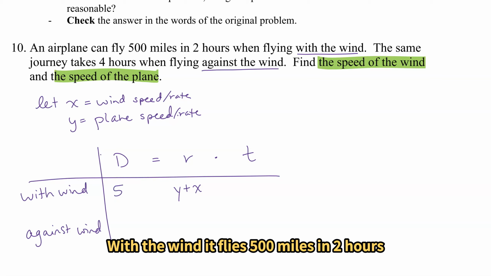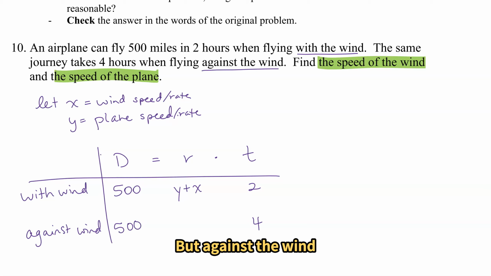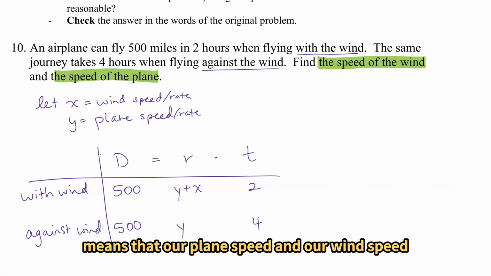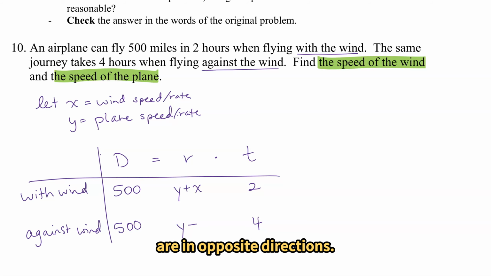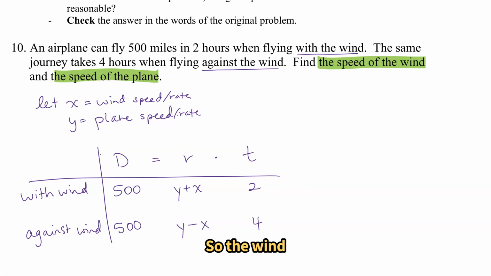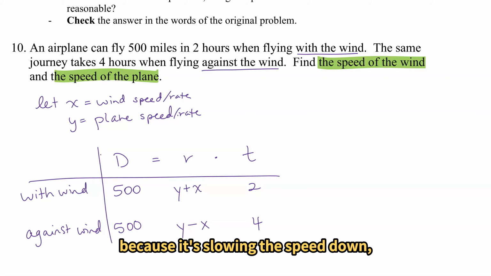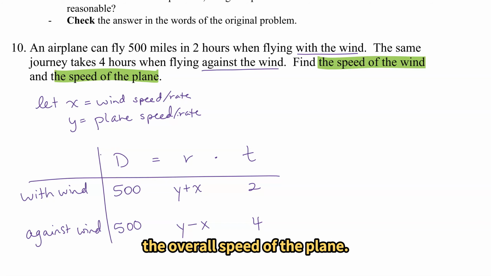With the wind, it flies 500 miles in 2 hours. Against the wind, it flies 500 miles in 4 hours. But against the wind means that our plane speed and our wind speed are in opposite directions. Our wind is slowing down the plane, so the wind speed is going to get subtracted from the plane speed because it's slowing down the overall speed of the plane.